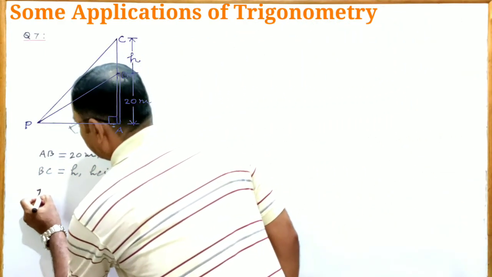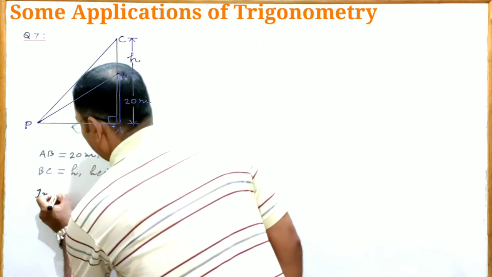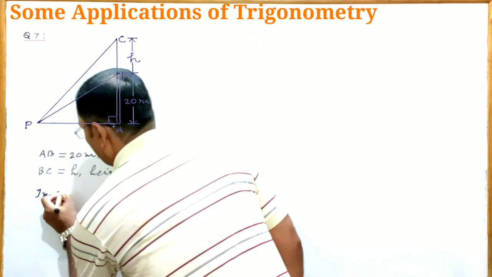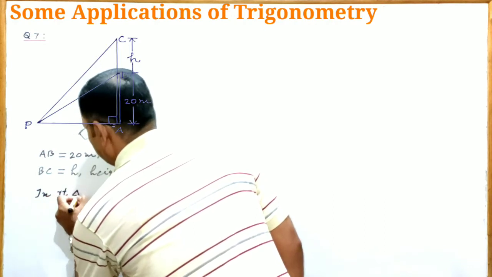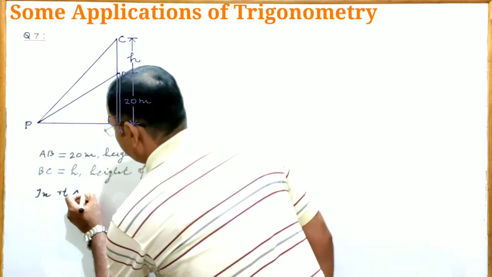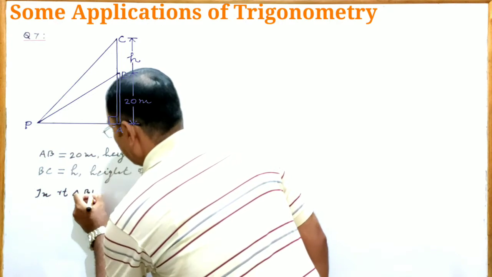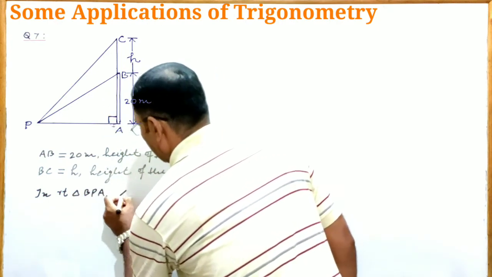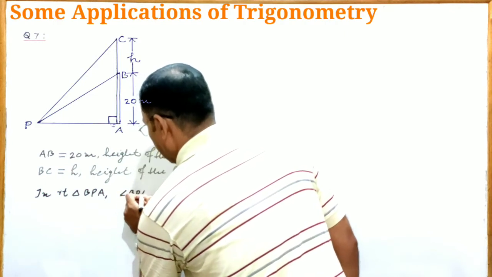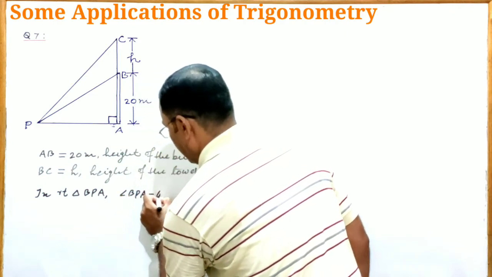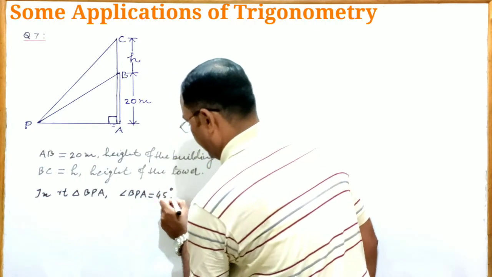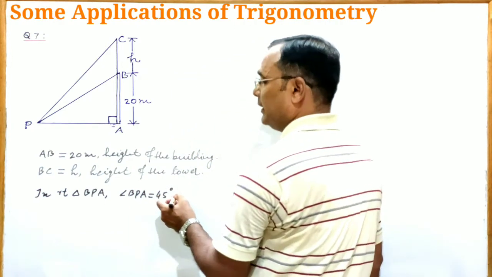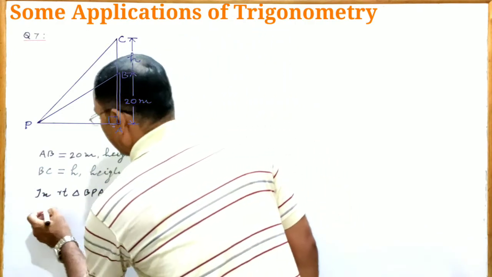In right triangle BPA, angle BPA is equal to 45 degrees, which is angle of elevation of the bottom of the transmission tower.